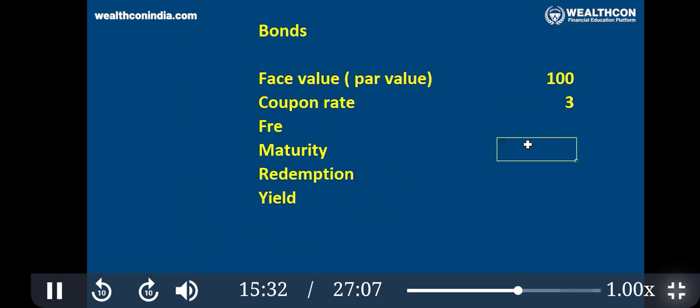And if you reinvest with the same interest rate and hold it till maturity, how much will be the total interest you will get, the total yield or total amount of return? That is called yield. So yield, write down, is the rate of return if you reinvest the coupon amount with the same interest rate and hold till maturity.